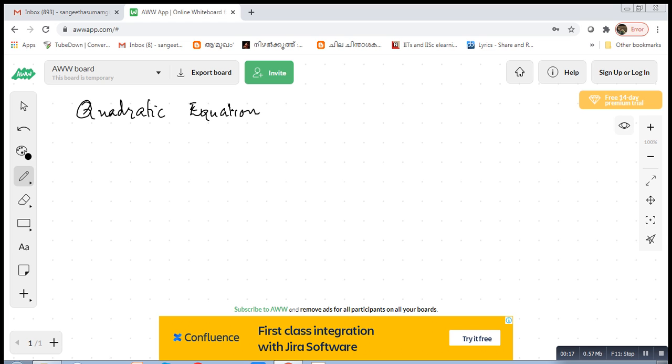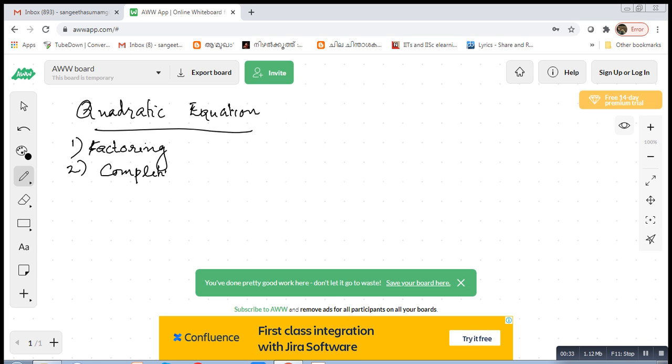I'm going to discuss three different methods to solve a quadratic equation: factoring, completing the perfect square, and the quadratic formula.